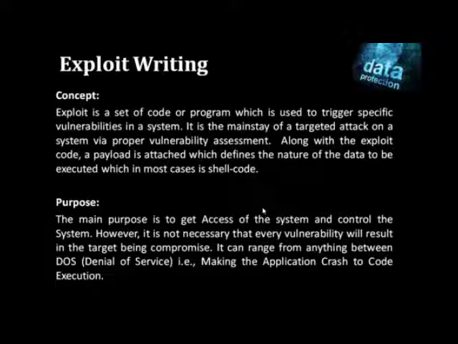The main purpose is to get access to the system and control the system. However, it is not necessary that every vulnerability will result in the target being compromised. It may result in anything between denial of service, namely making the application crash, to code execution.